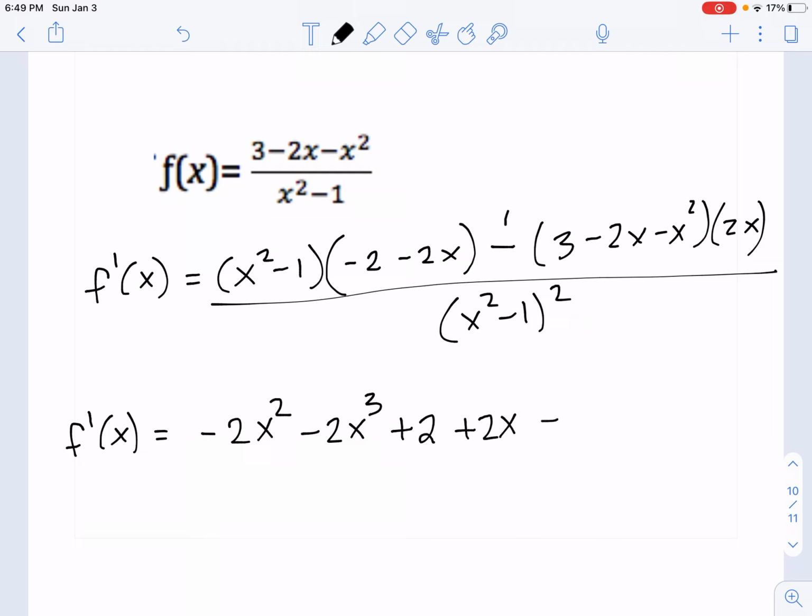Don't forget to distribute a negative and the 2x. So I get minus 6x plus 4x squared plus 2x cubed.